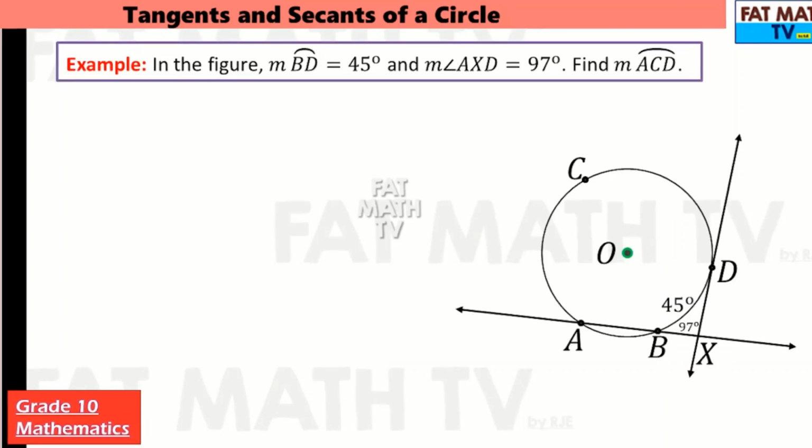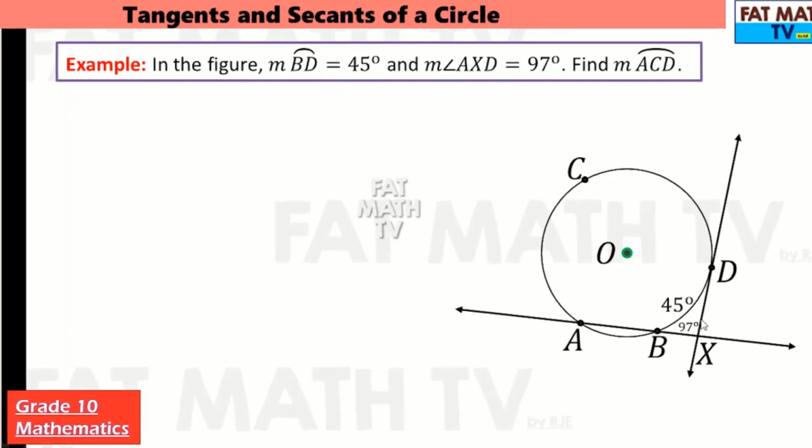Okay, another. Here we have a tangent DX and the secant AB intersecting at X here on the exterior of the circle. And the intercepted arcs are arc ACD, the bigger one, and the smaller one is arc BD. We are given that the measure of arc BD is 45 degrees.